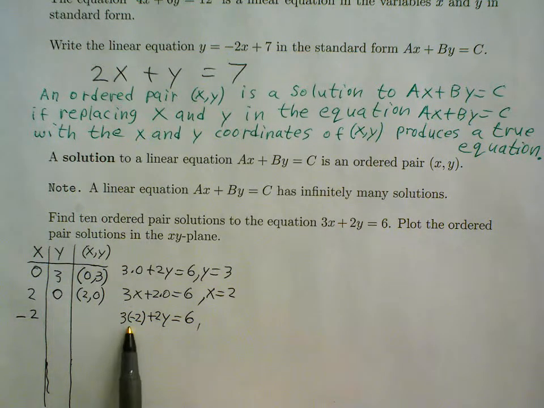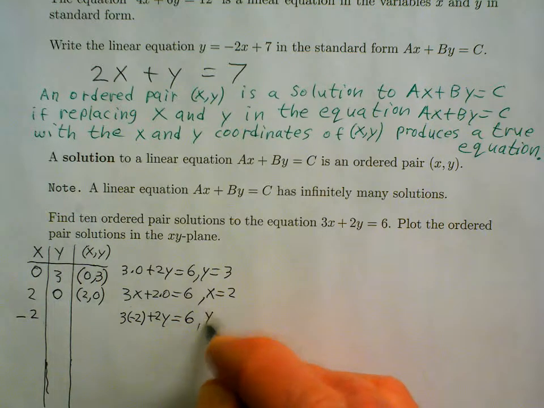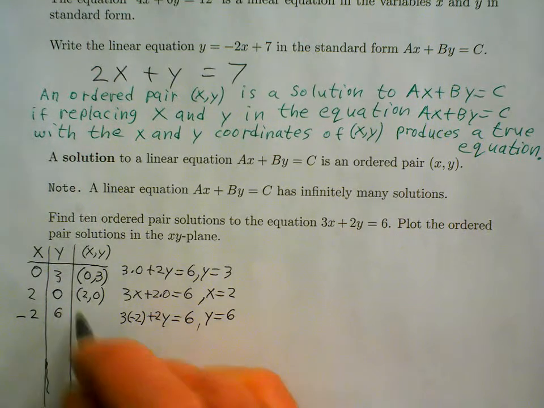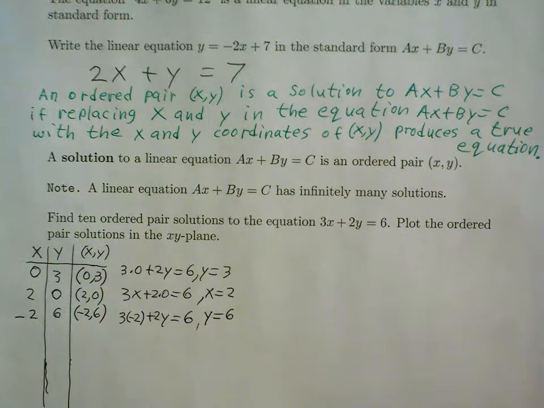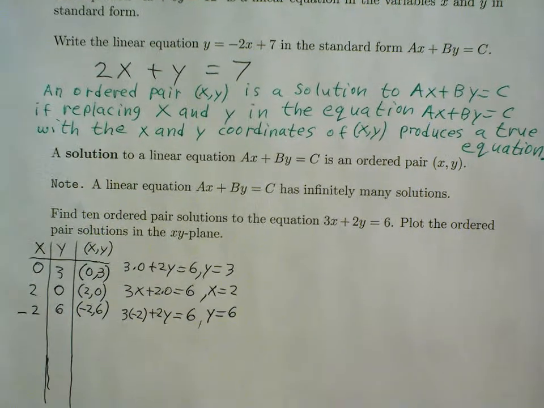So this means -6 plus 2y equals 6. Add 6 to both sides, we get 2y equals 12. And so y equals 6. So we have the ordered pair (-2, 6). Hey, just a few more.